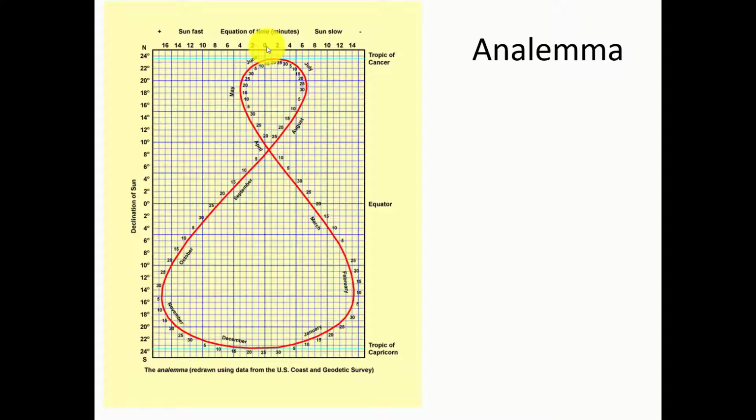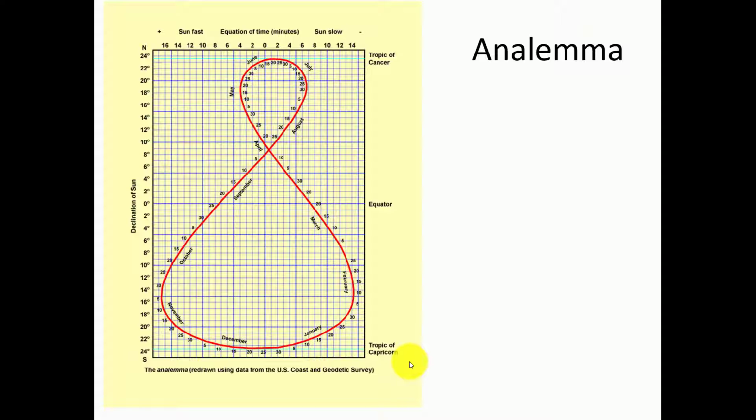The other way that you will interpret this red line that has months and dates is using the y-axis. The declination of sun reported in degrees is on the left. The names of specific latitudes on Earth are shown here, with the equator in the center at 0 degrees, Tropic of Cancer at 23.5 degrees north, and Tropic of Capricorn at 23.5 degrees south.